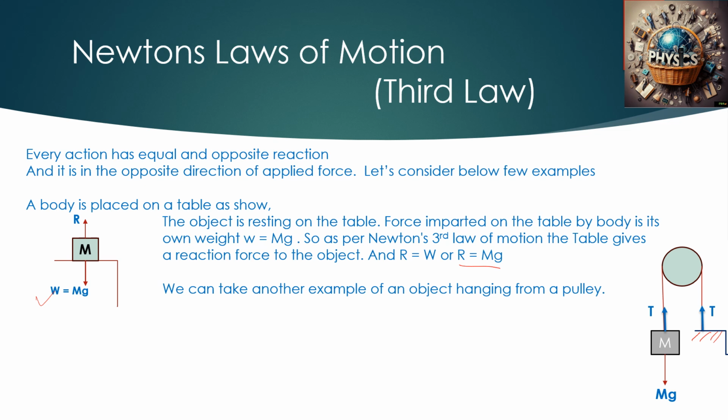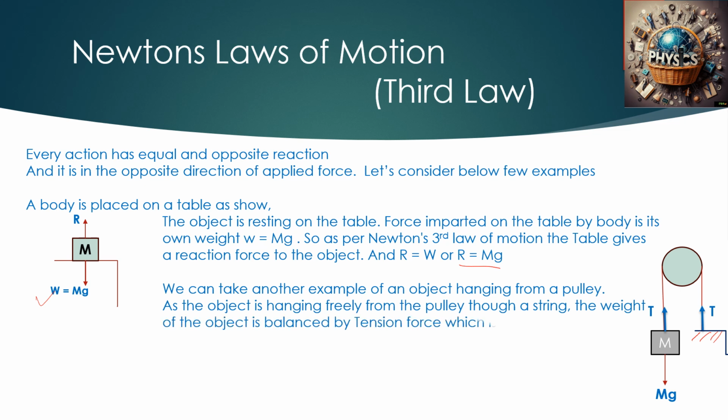Since the body is at rest, because of the weight of the body, it will also get a tension force, or the reaction force T, in the opposite direction. And as per Newton's third law of motion, this tension or reaction force will be equal to the weight of the body, and it is opposite to the direction of the weight of the body. So T is equal to mg.